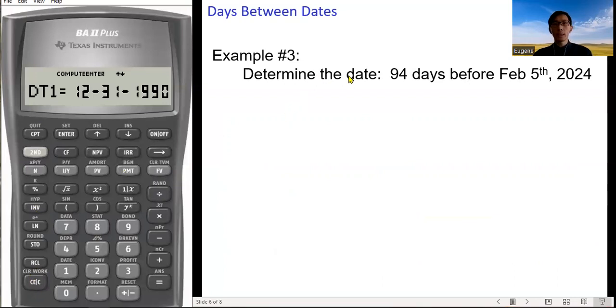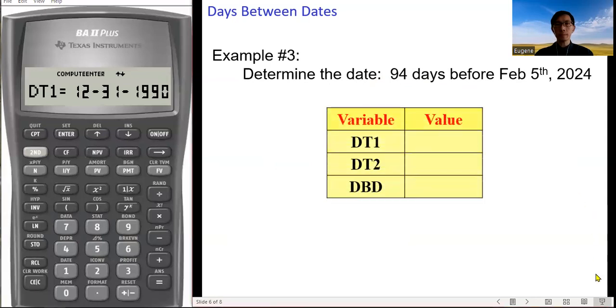Determine the date which is 94 days before February the 5th, 2024. What are the relevant inputs? DT1, February 5th, 2024, so we have 2.0524.